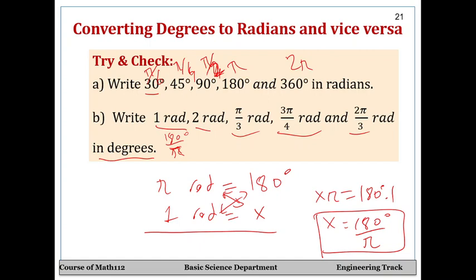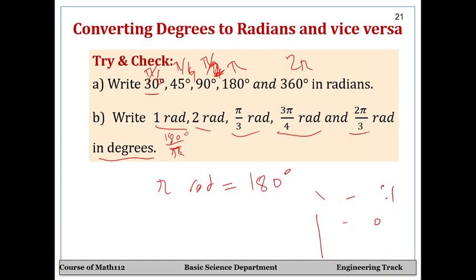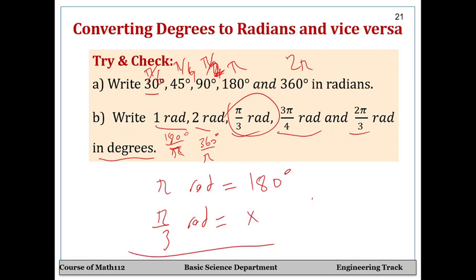Okay, we do the same thing for 2 radian. So since it's twice the first one, it will be 360 divided by pi. Now, how about pi over 3 radian? So x, we multiply pi times x equal to 180 times pi over 3.